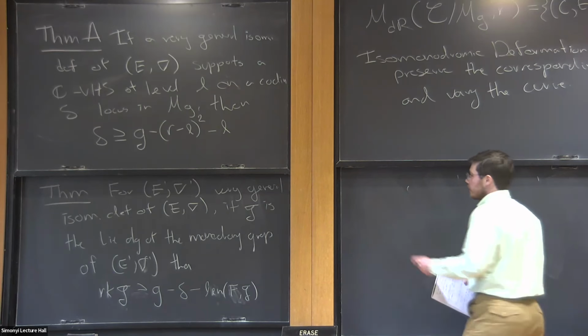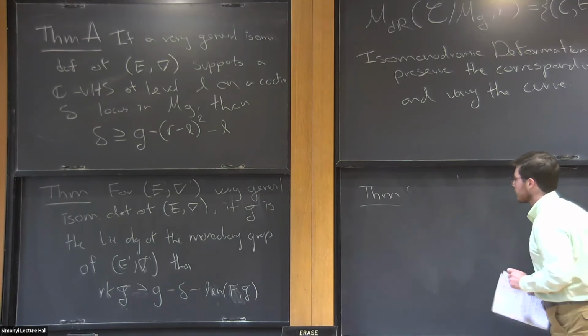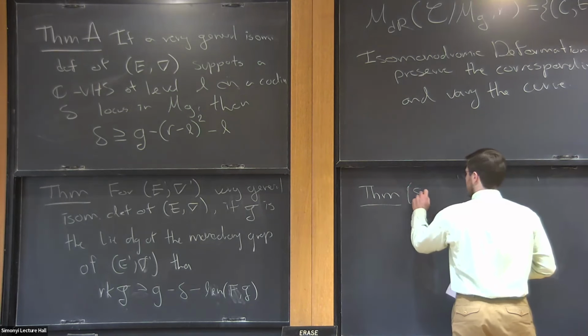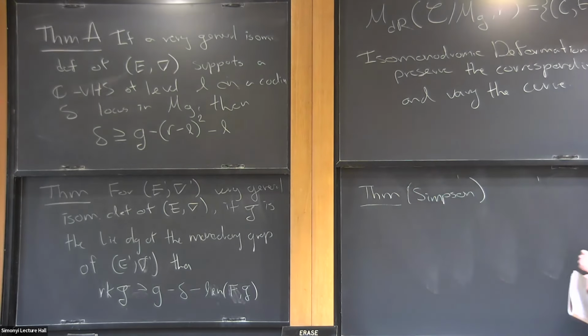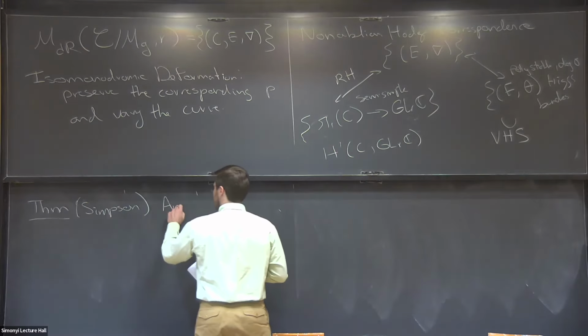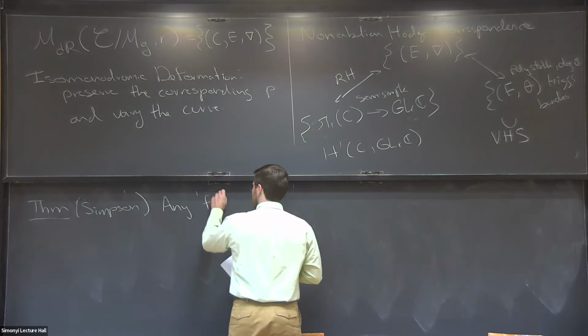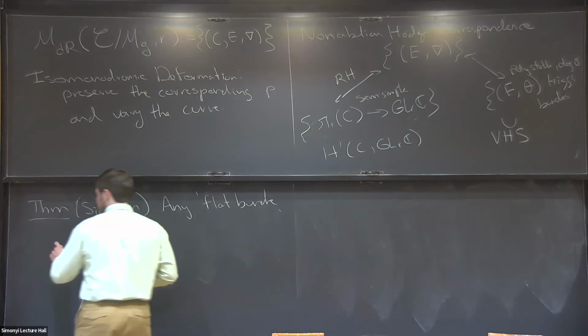The reason for that is a theorem of Simpson. This is the Hodge-like filtration that I alluded to earlier: any flat bundle admits a Griffiths transverse filtration.